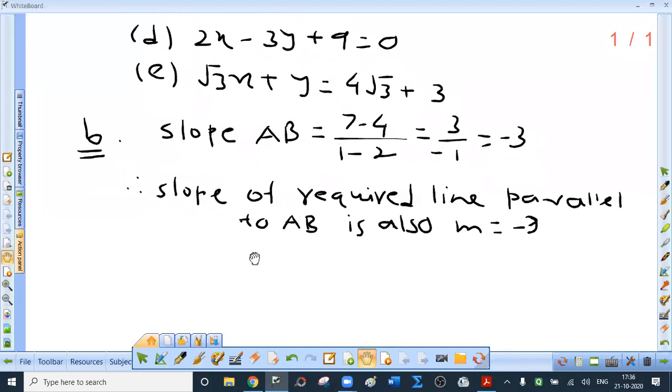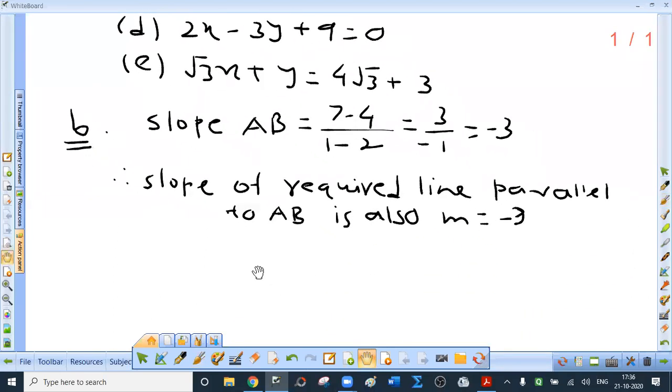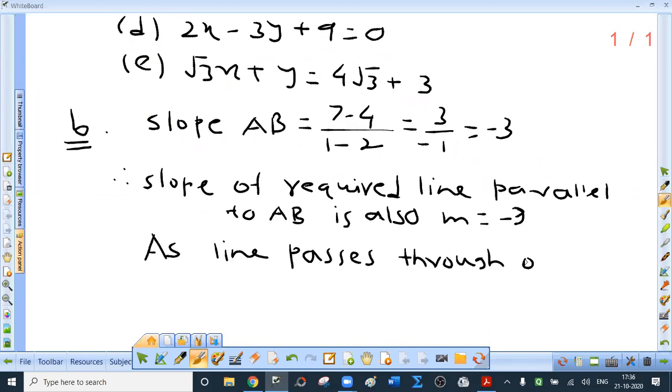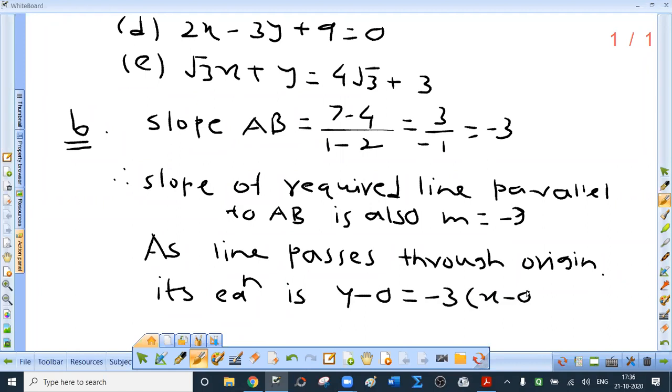Okay, now are we given one point on the line? Yes. As the line passes through the origin, its equation is y minus 0 equal to slope minus 3 into (x minus 0).